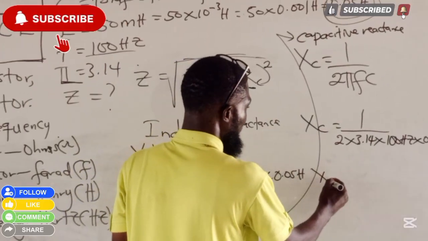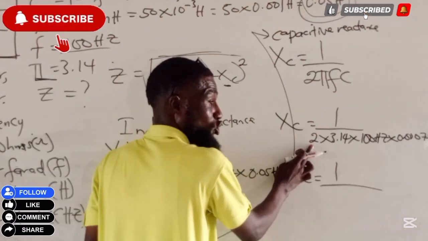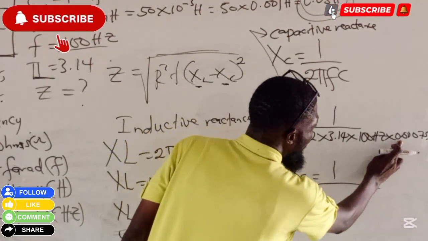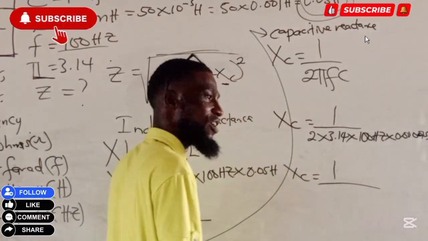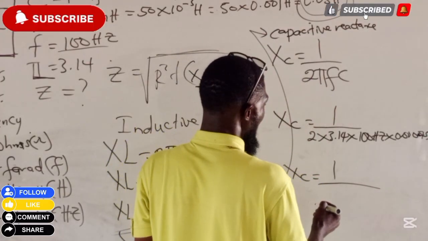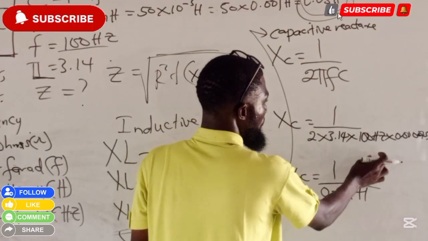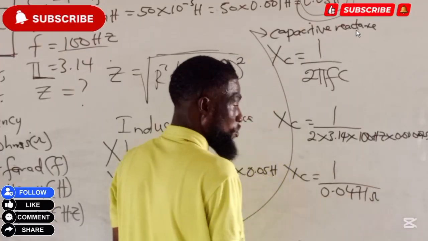Remember, XC now will be equal to 1 over, when we multiply 2 times 3.14 times 100 times 0.00075, we have 0.0471. If we multiply hertz times farad, we have our ohms.